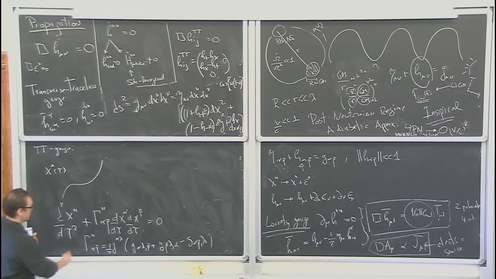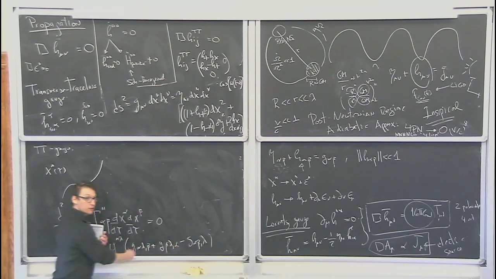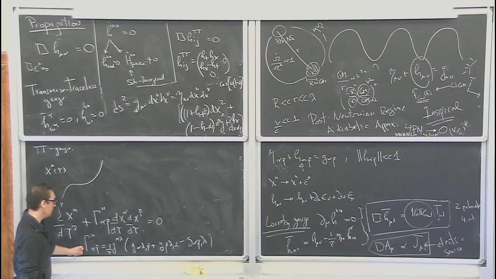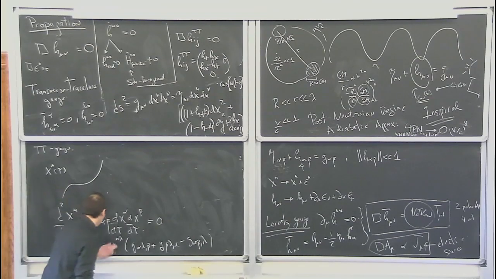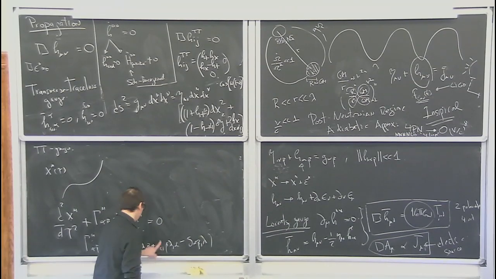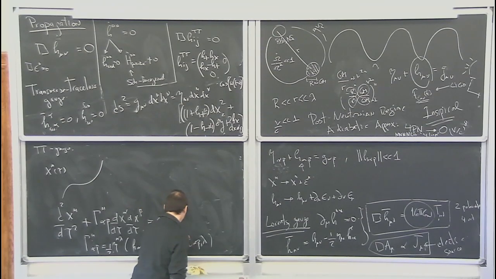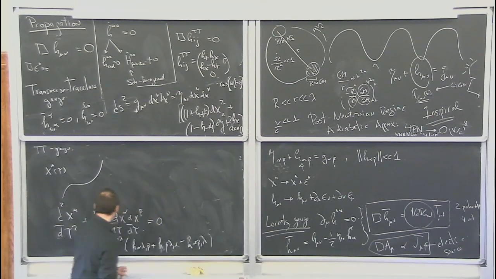Now, in flat space, this is 0. So the connection will come at a linear order from flat here and h here, right? And we're going to go on to compute this in the TT gauge.